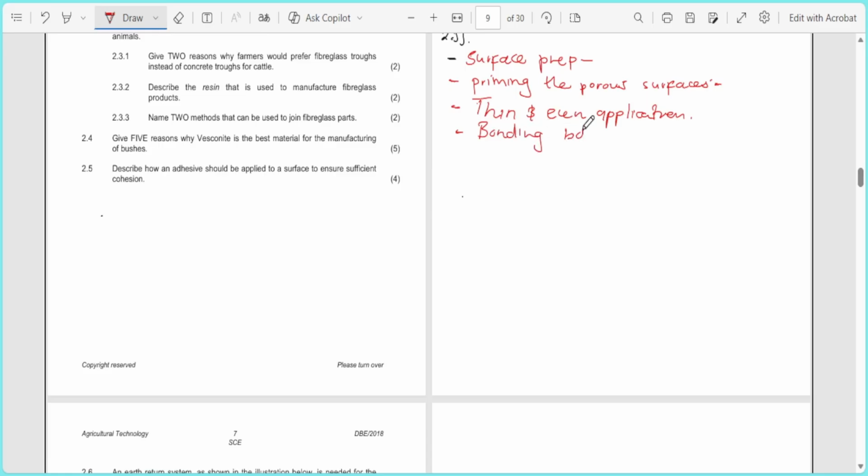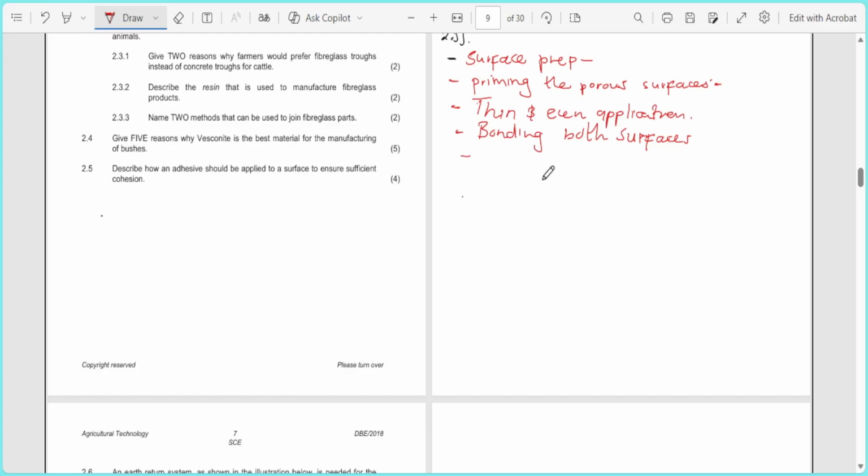This will ensure that complete interfacial contact is established, right? Now this maximizes the chemical adhesion of the adhesive.